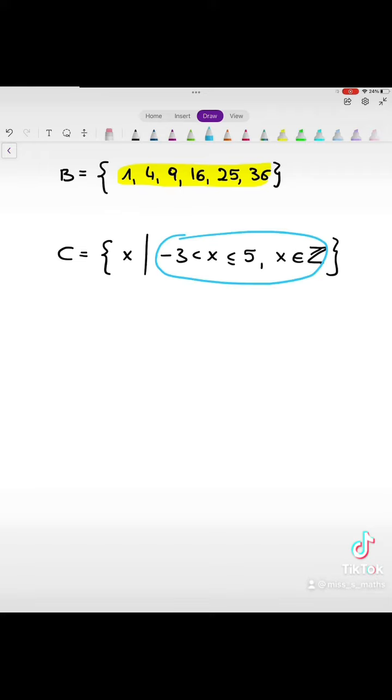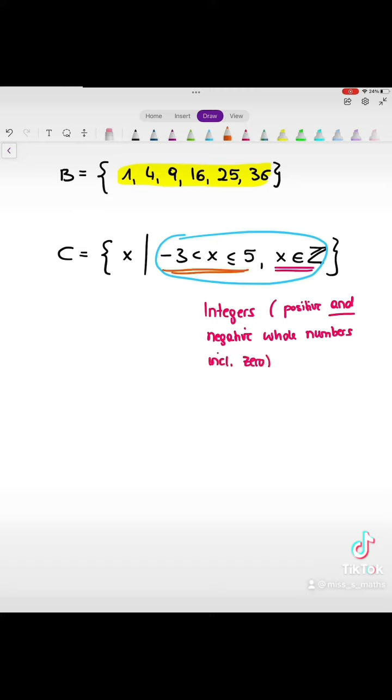In set C, we're now supposed to list elements that are within a certain range and also out of the set of integers. Integers are defined as all positive and negative whole numbers, including 0. That means we're now no longer only listing positive values, we're also allowed to use 0 and all negative whole numbers.